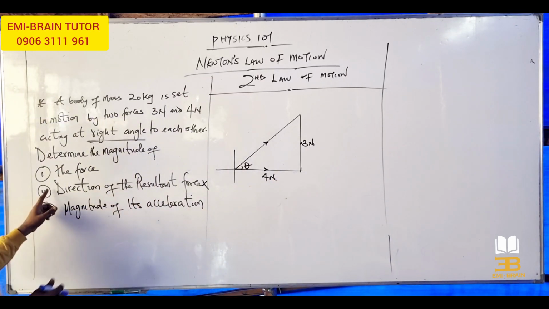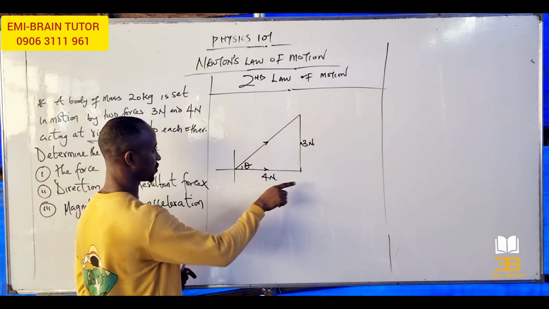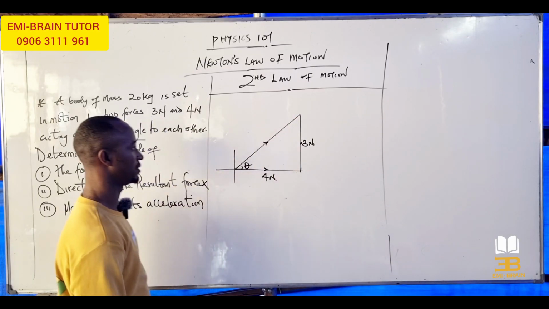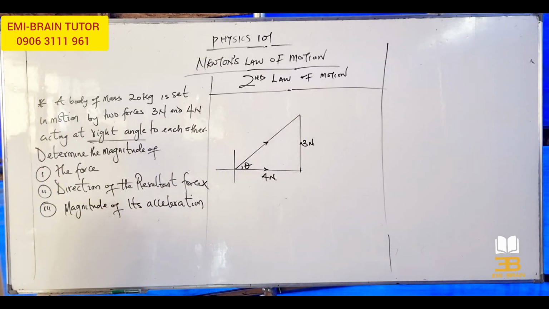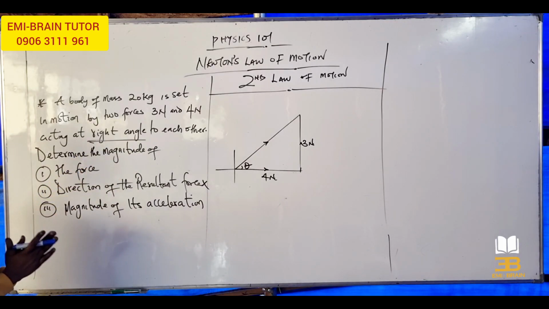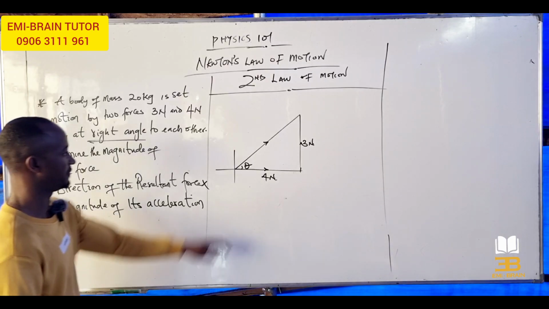So I think the second question is faulty. But I'm going to assume that the 4 Newton force is acting towards the east, while the 3 Newton force is acting towards the north, because we are told that these two forces form a right angle to each other, right? So we are looking at the case where they are both in the first quadrant.